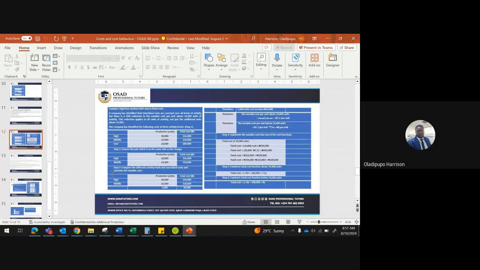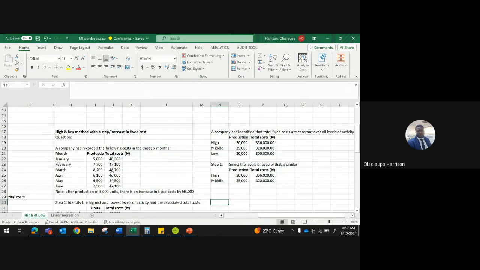So the next step now is to compare and get the difference, step two: calculate the difference.